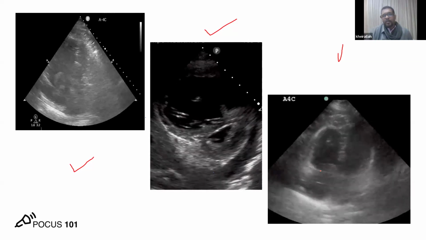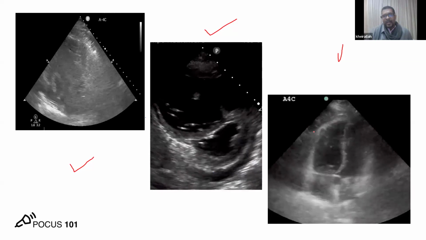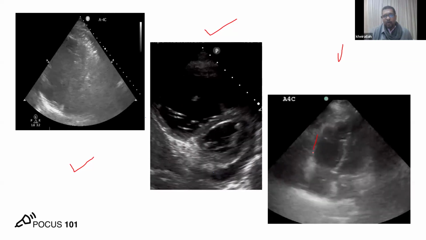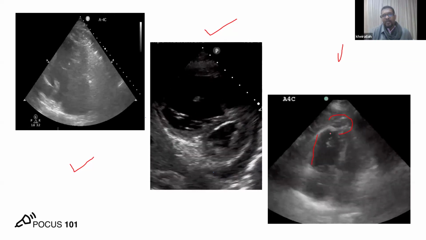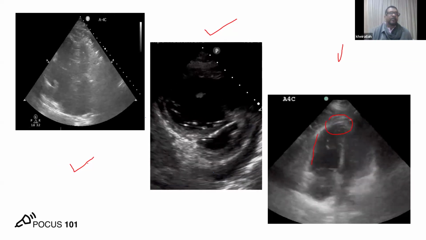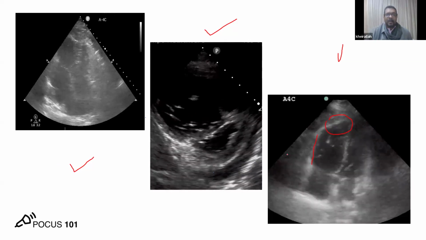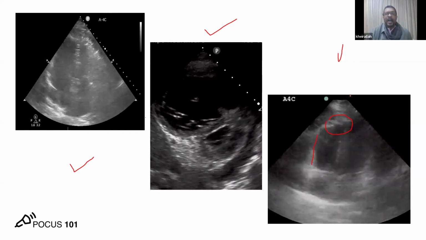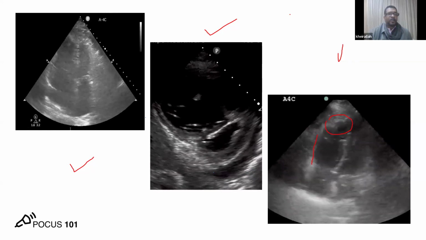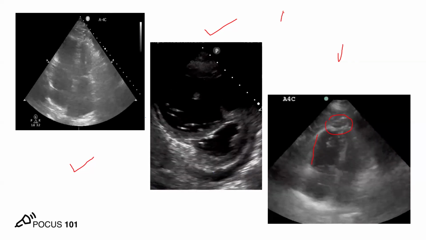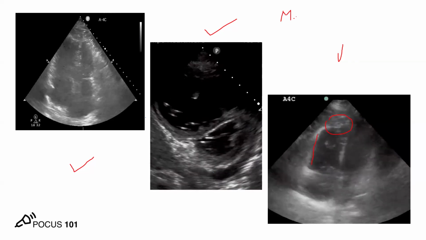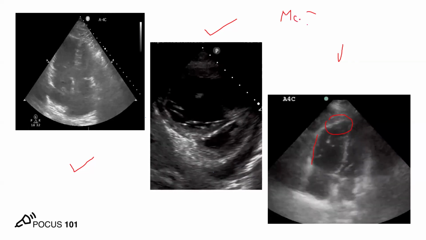And if you focus more in here, you are going to see that this wall of the RV is hypokinetic, while the apex has preserved contractility or is hyperdynamic. This sign has a name, which is specific for pulmonary embolism. Anybody knows this name? Yes, McConnell sign. Exactly.